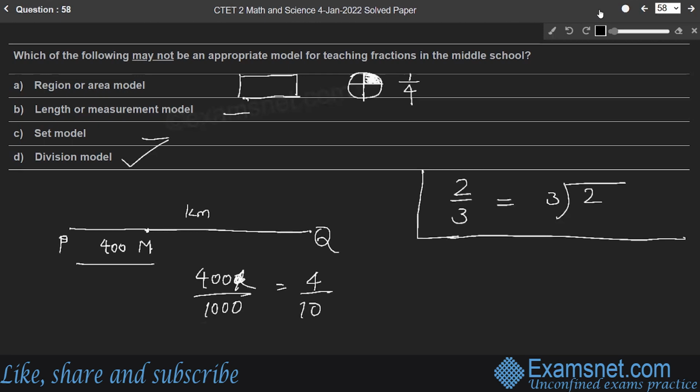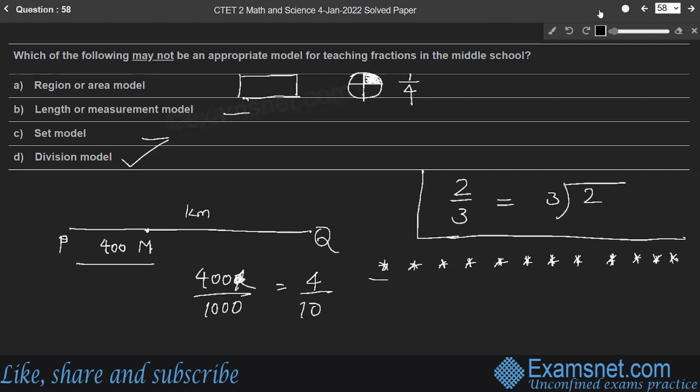So when it comes to set model, the whole is understood to be a set of objects, or subsets of the whole make up fractional parts. For example, 3 objects are 1/4 of a set of 12 objects. If we consider 12 objects, say for example 12 stars, 1, 2, 3, 4, 5, 6, 7, 8, 9, 10, 11, 12.